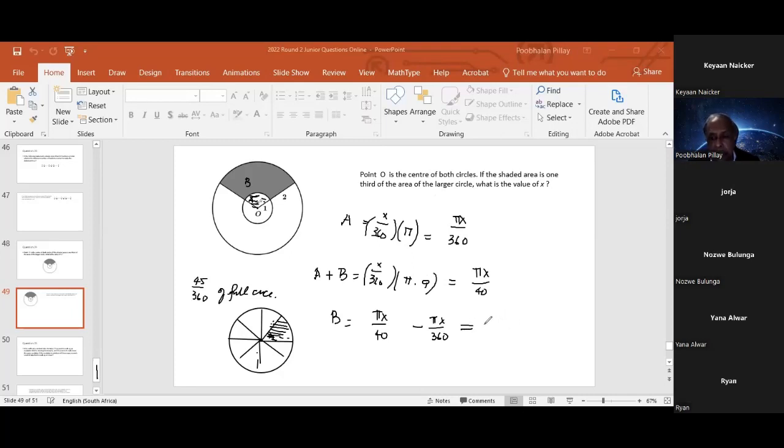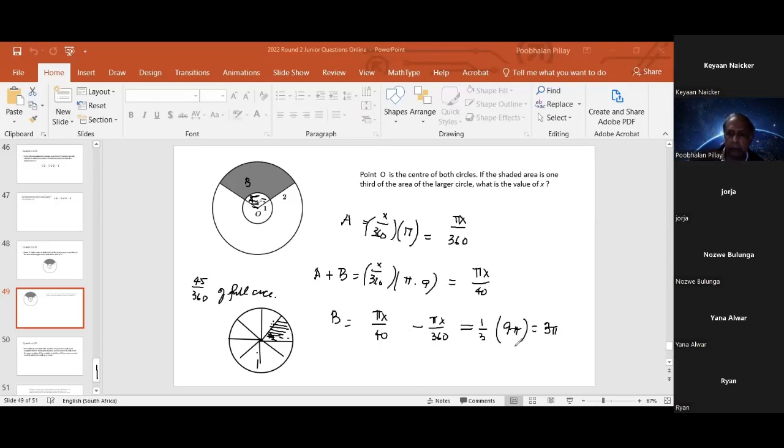It's 1/3 the area of the larger circle. The larger circle is radius 3. So the area of that is 3 squared is 9, so pi r squared is 9 pi. So 3 goes into 9 pi, it's 3 pi.